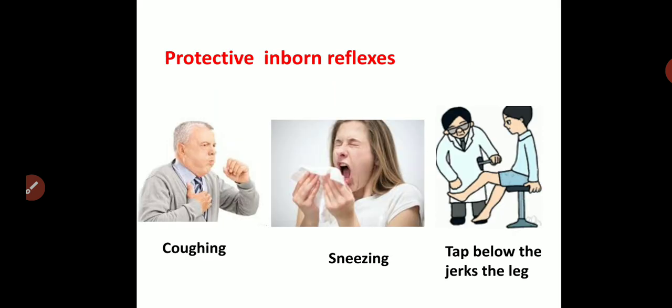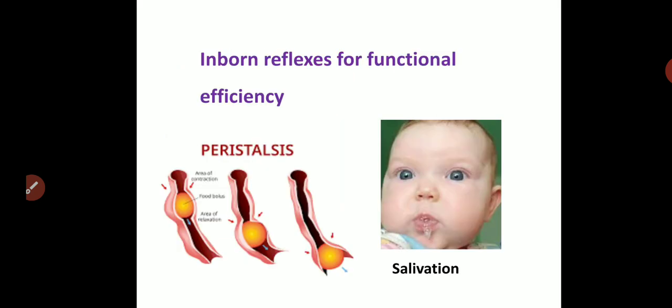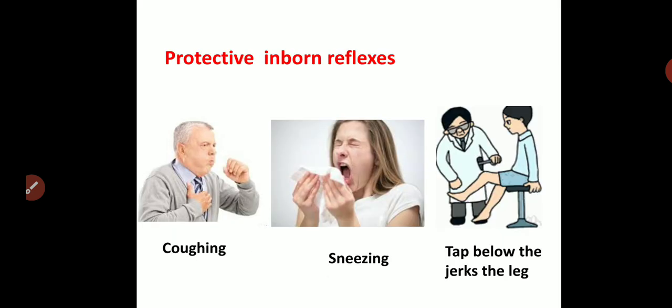These are categorized into two groups: protective inborn reflexes, and the second one is functional efficiency inborn reflexes. So first let us see the protective inborn reflexes. Examples are coughing and sneezing. Why are these protective? Because they help to protect our body.